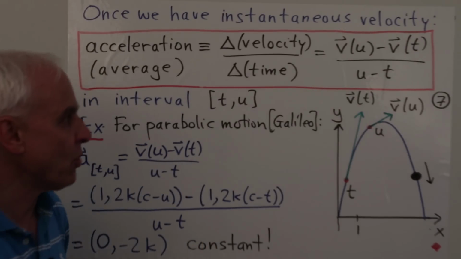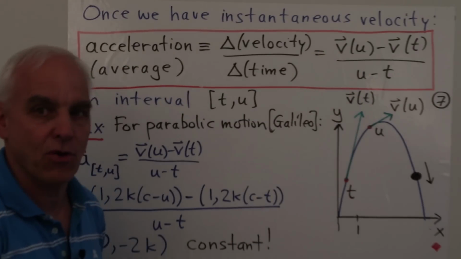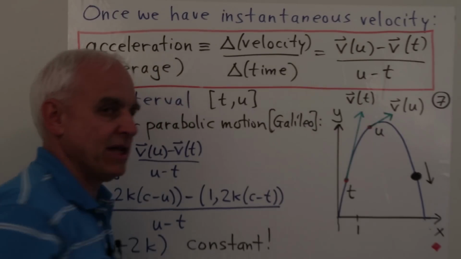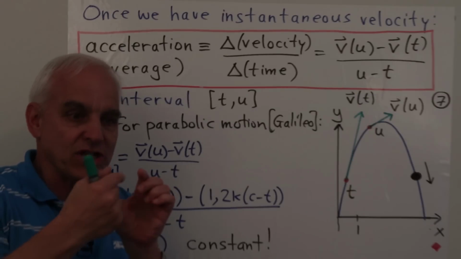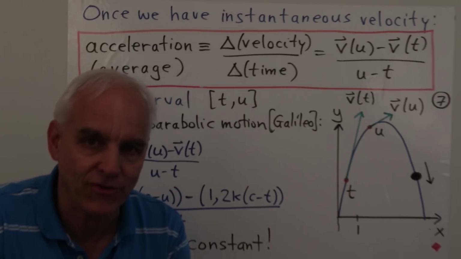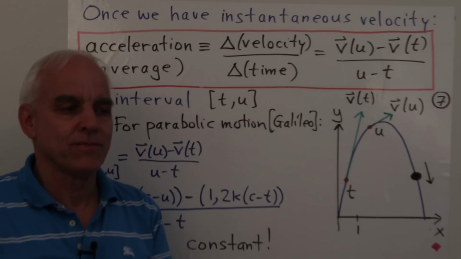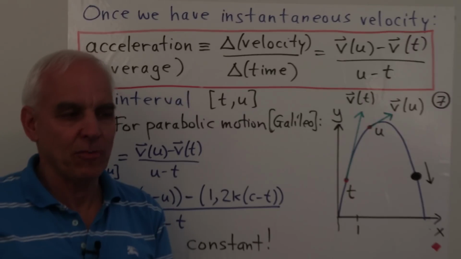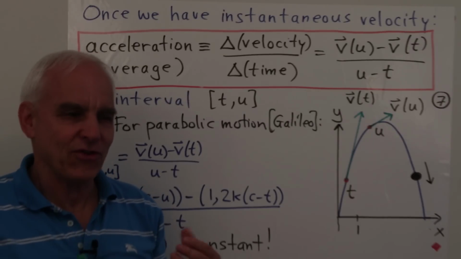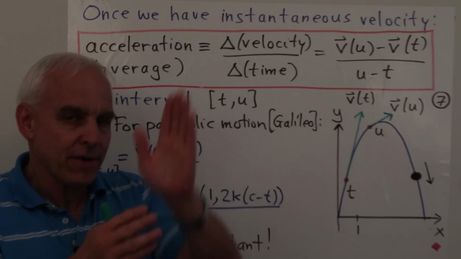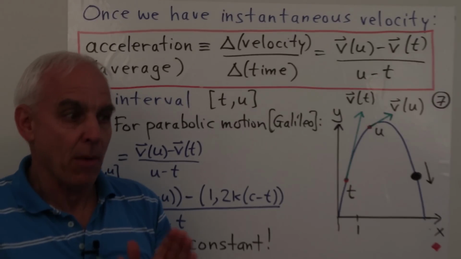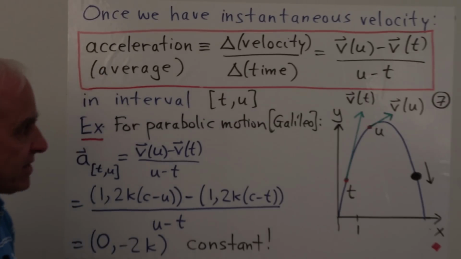We need to have a notion of the velocity at the point u and the velocity at the point t. It's not enough to have velocities which are just average velocities over intervals. That's a challenge, of course, for physicists because it's hard for physicists to get at instantaneous velocities just through data, through observation. But anyway, that's the definition.